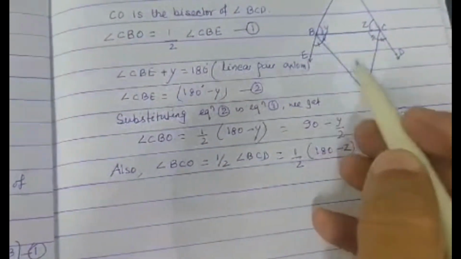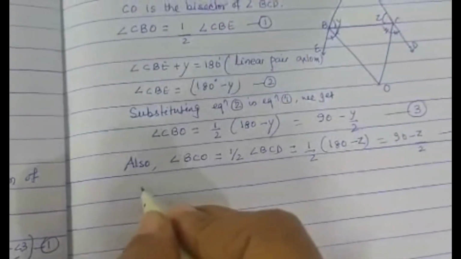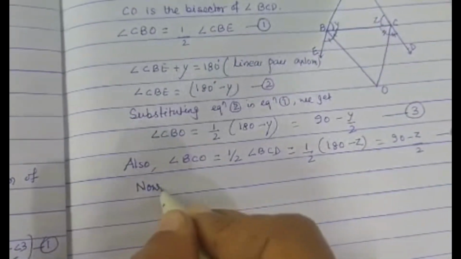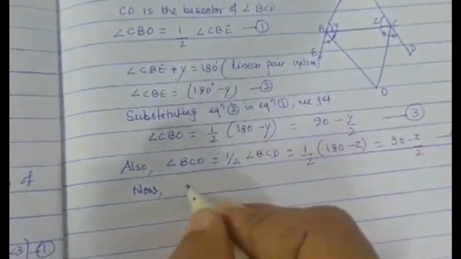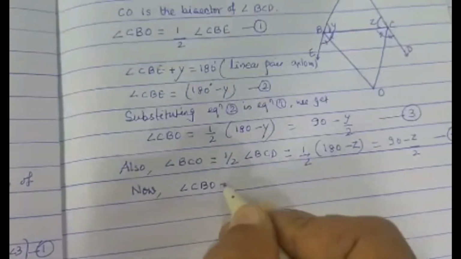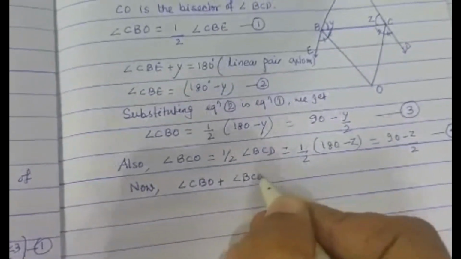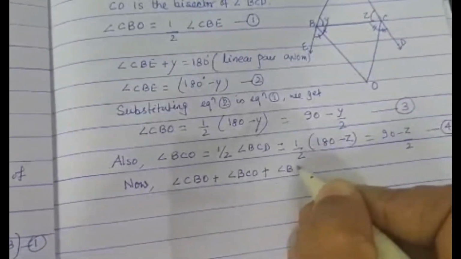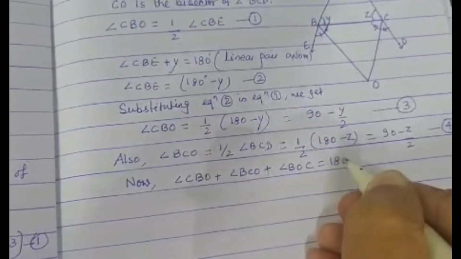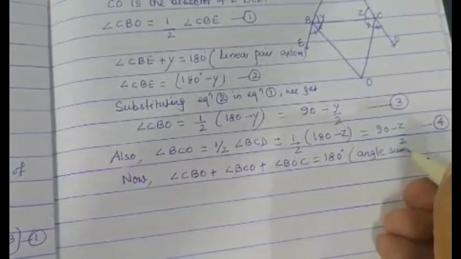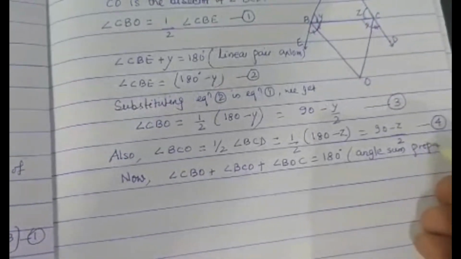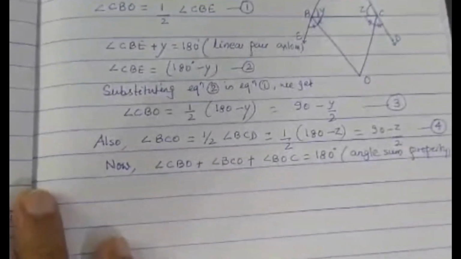Now angle CBO, angle BCO we have got. Now the angle sum property says that angle CBO plus angle BCO plus angle BOC is equal to how much? 180 degrees. This is angle sum property. Okay.